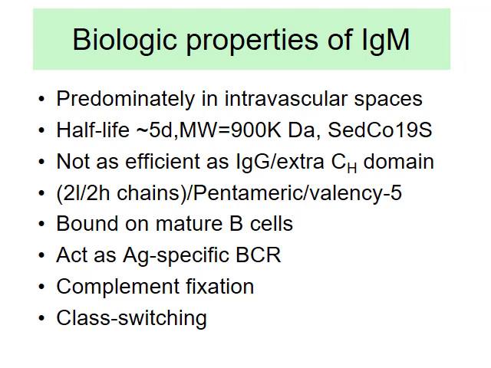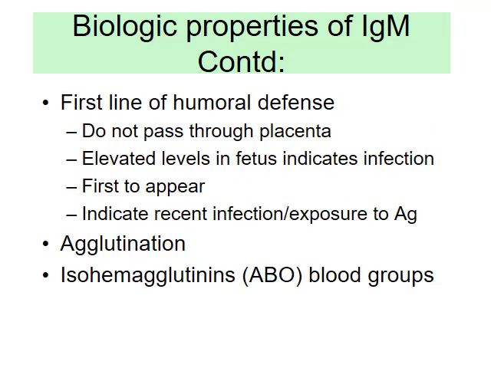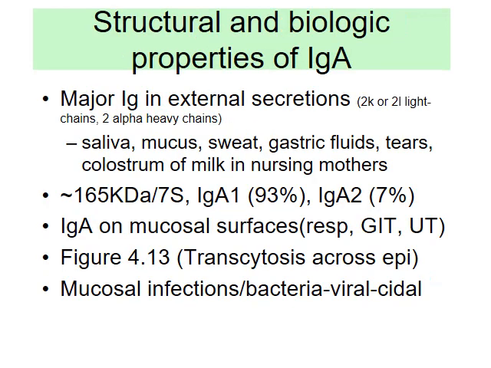This is one of the biological properties of IgM. Pretty much the same, we already discussed that. And the isohemagglutinins present on your blood groups are IgMs. So once you come for the labs, we will do that. We're going to give you IgM antibodies, because they are IgM molecules that you can see from here.